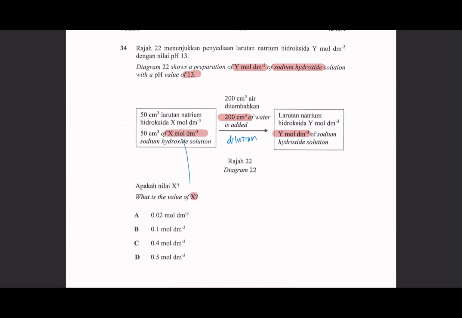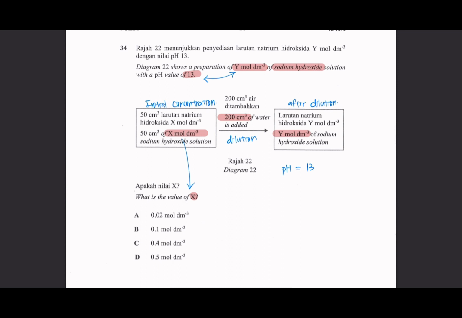The value of X, the initial concentration. So this is after dilution. The information given in the question is when the concentration is Y, the pH value is 13. So through the pH value, we can find out the concentration, the molarity of Y. Okay, pH value is 13.